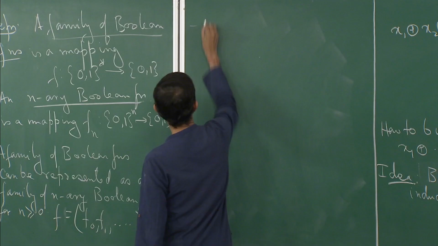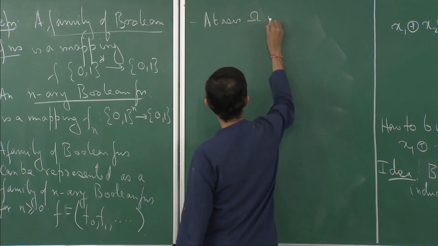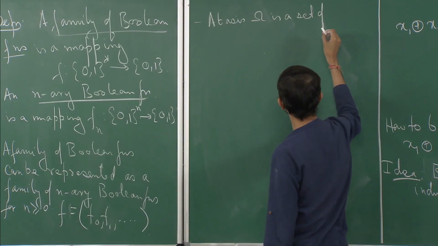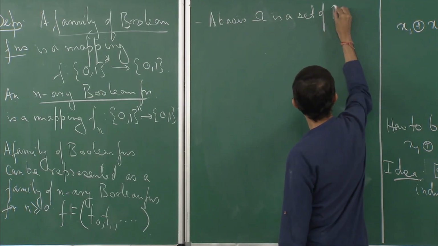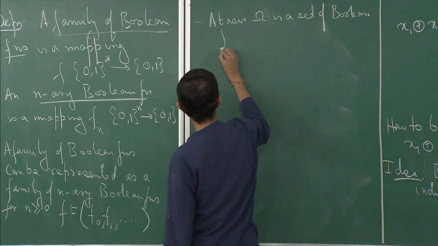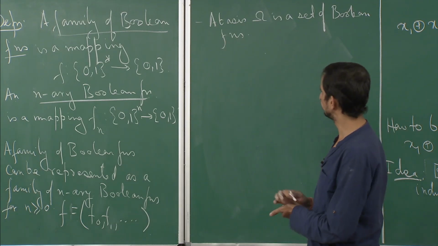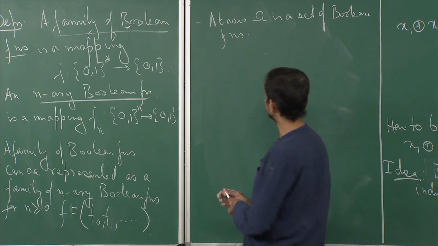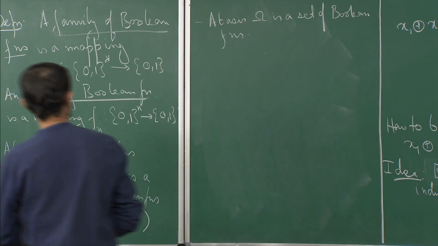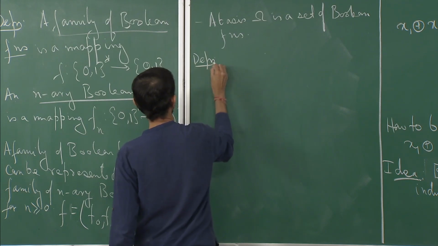So a basis omega is a set of Boolean functions. Okay, now let me define circuit.